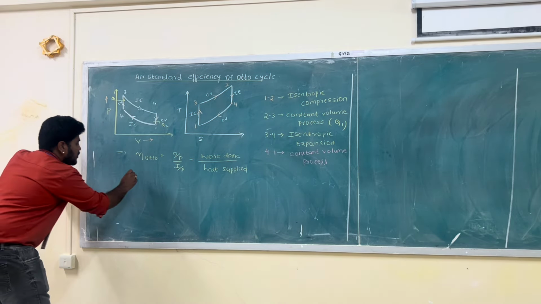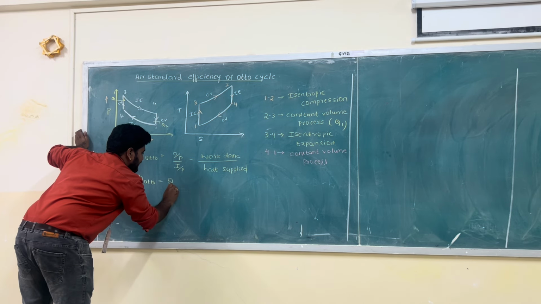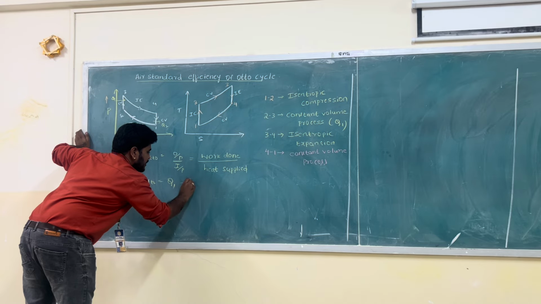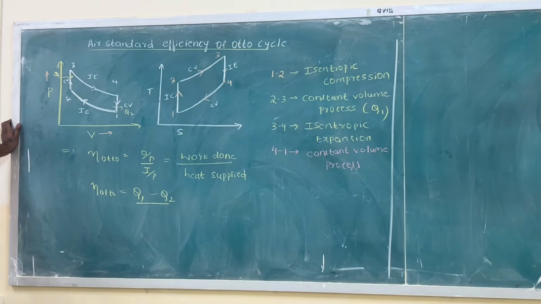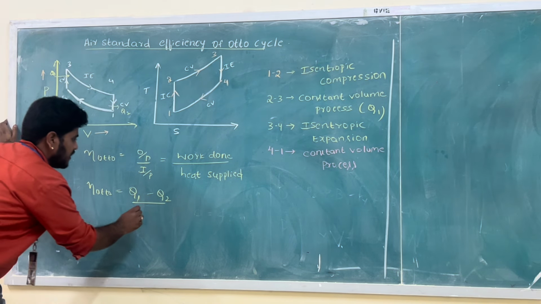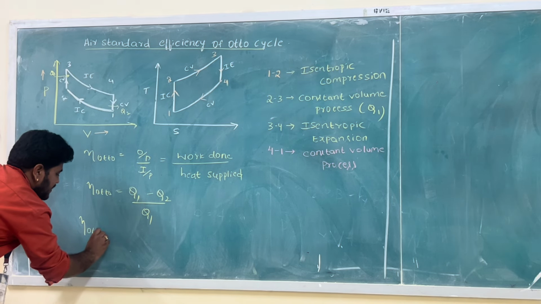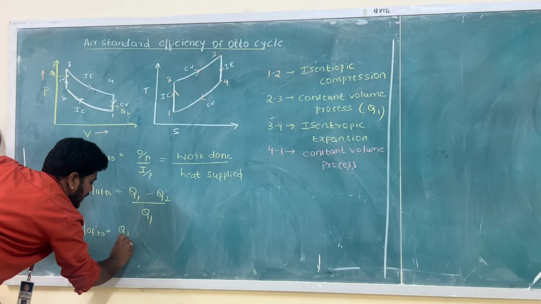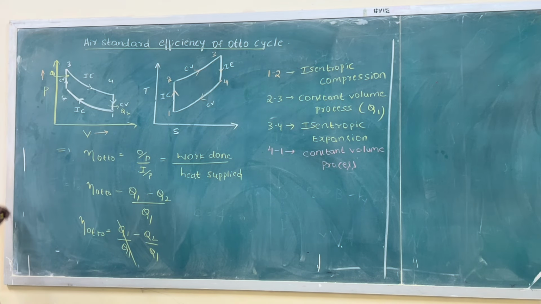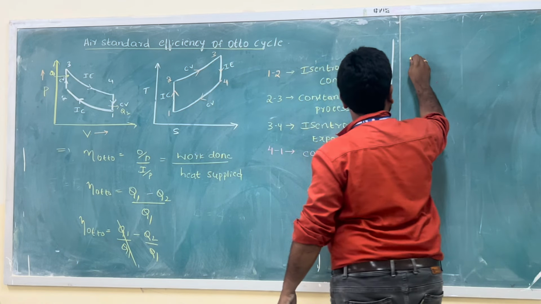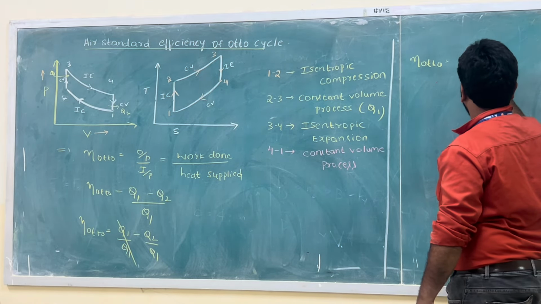The Otto cycle efficiency can be written as work done divided by heat supplied. The work done is the heat supplied Q1 minus heat rejected Q2, divided by Q1. So the efficiency of the Otto cycle is equal to Q1 minus Q2 divided by Q1. Then efficiency of the Otto cycle is equal to 1 minus Q2 by Q1.